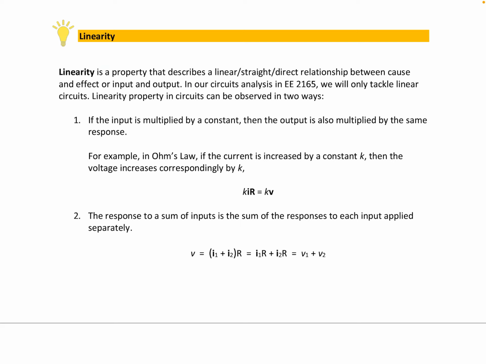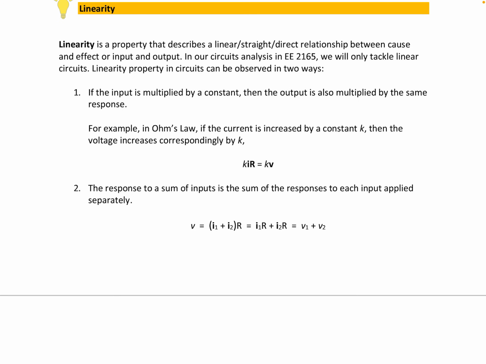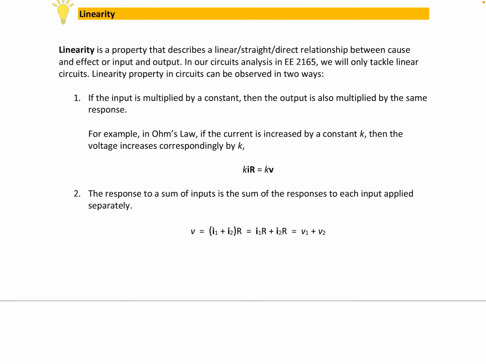For example, in Ohm's law, if the current is increased by a constant K, then the voltage increases correspondingly by K as well. I think you've also tackled this in your algebra, so this is not very new to you.